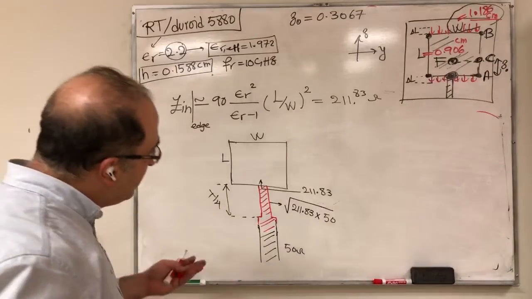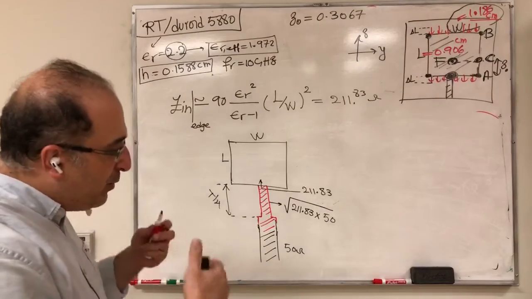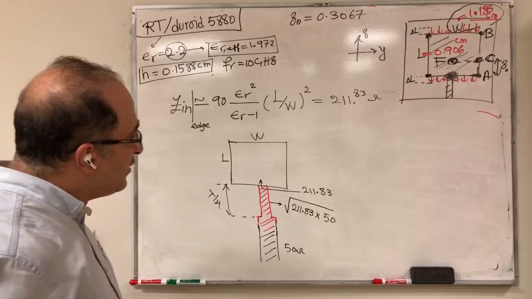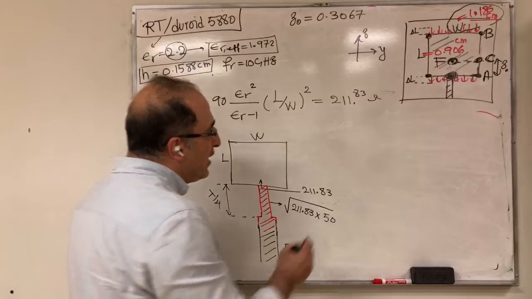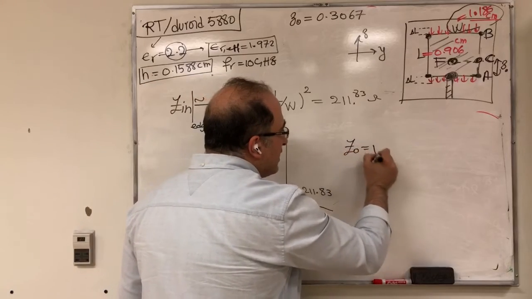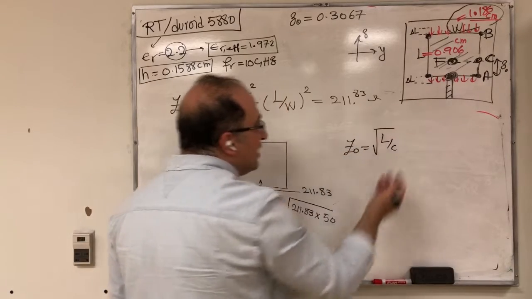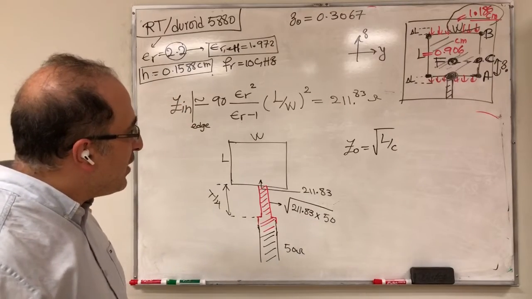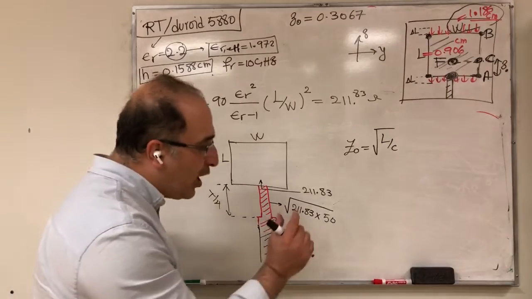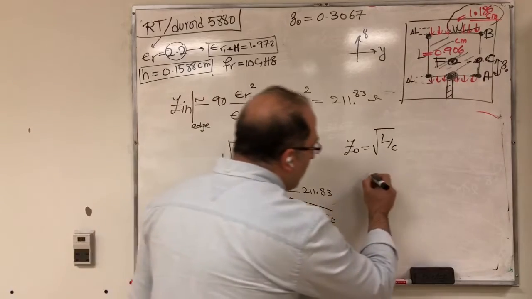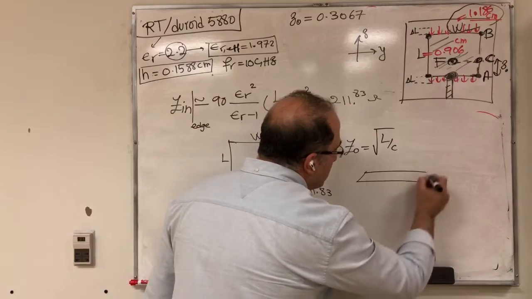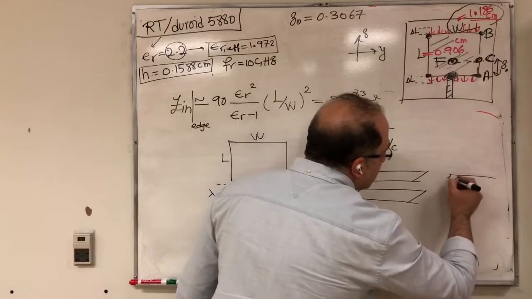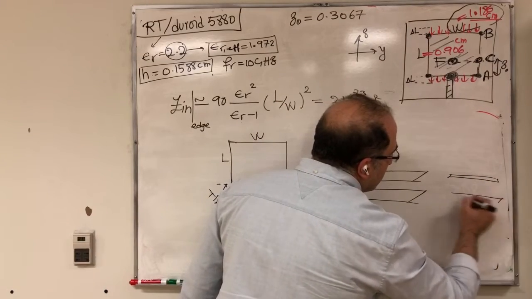There are better ways of explaining this, but one way that you can think of it is that characteristic impedance is a square root of L over C. These are per unit length inductance and capacitance. So imagine you have a wide line, compare it to a thinner one.